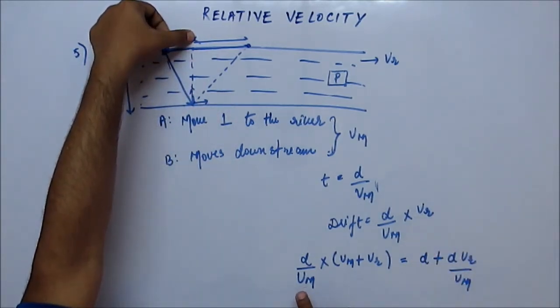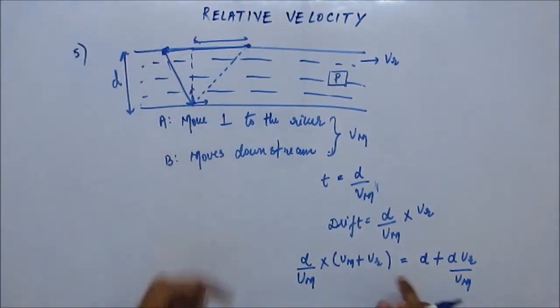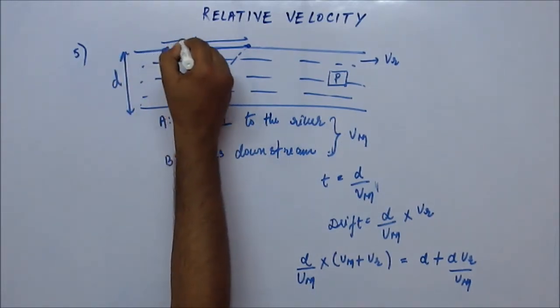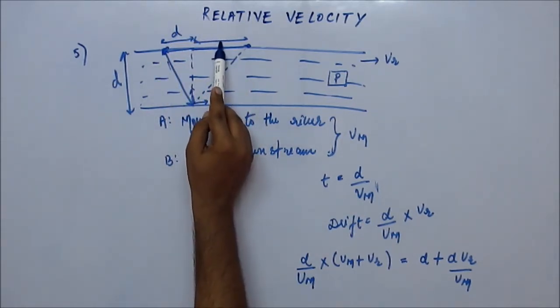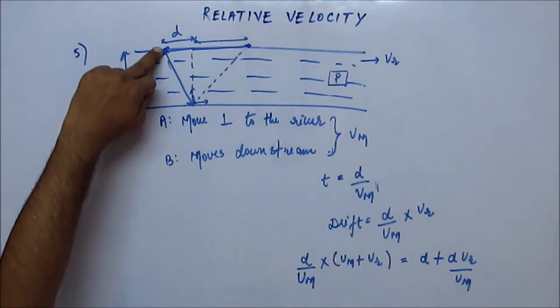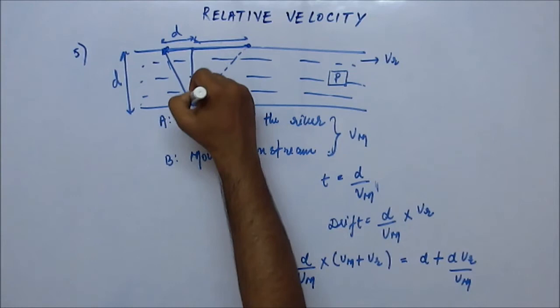And the distance that B has traveled is d plus d Vr upon Vm. That means swimmer B has traveled a distance d greater than swimmer A along the x-axis. So maybe B has started from this point, and this distance is d, because this is d Vr upon Vm. So the swimmer has started from this point, d, and this is also d, right?